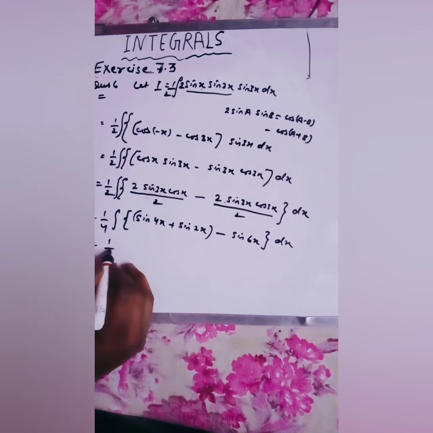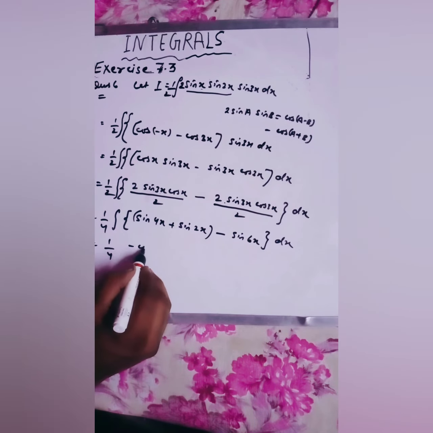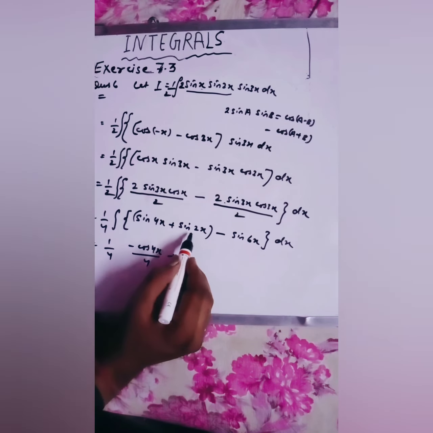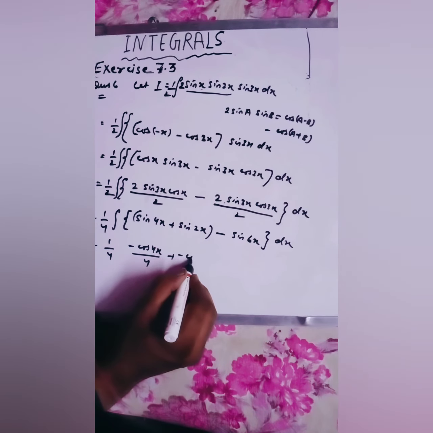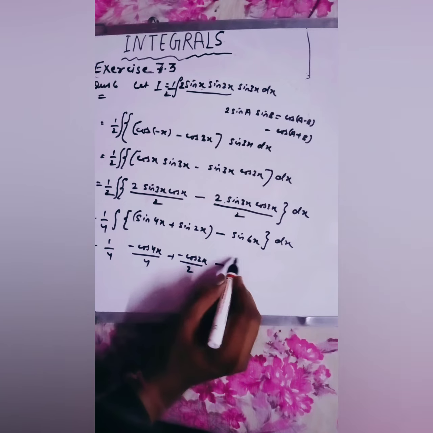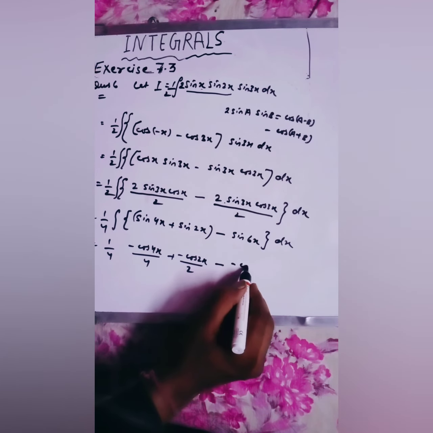Now you will get 1 by 4. Integral of this would be minus cos 4x upon 4 plus integral of sine 2x will be minus cos 2x upon 2 minus integral of this would be cos 6x upon 6.